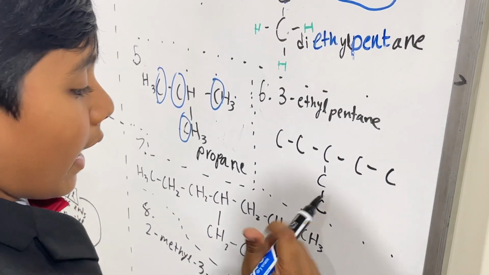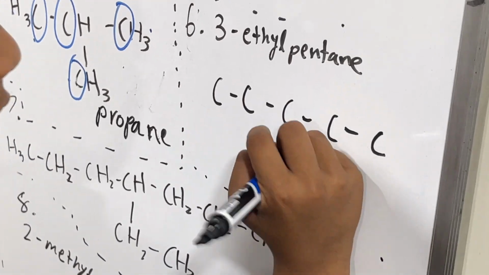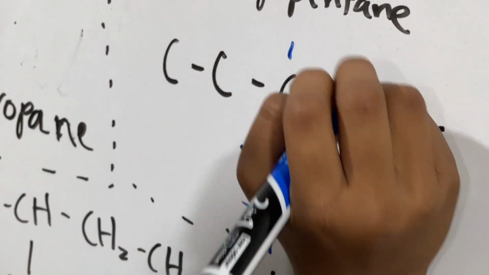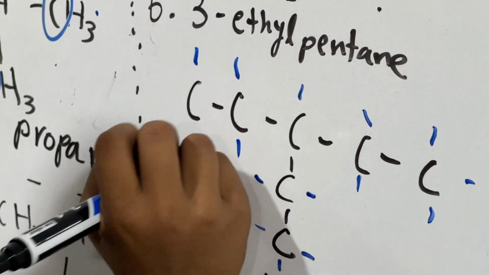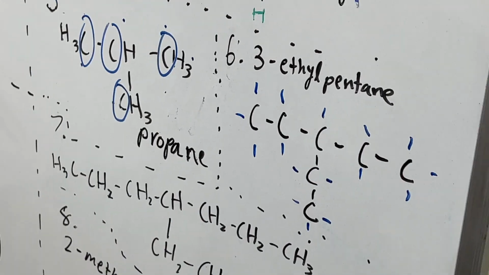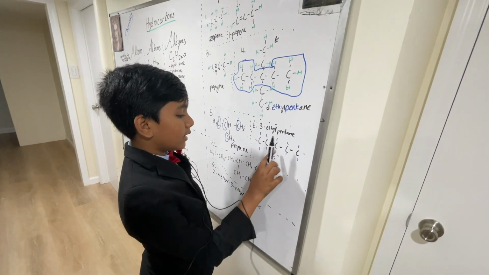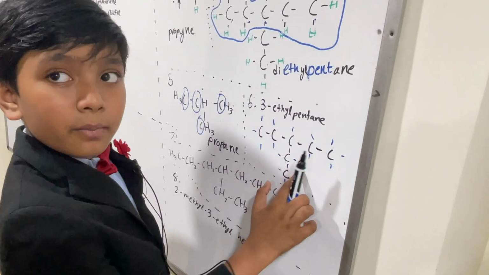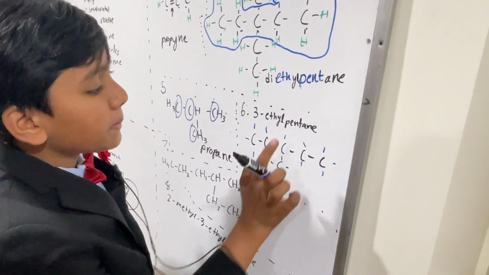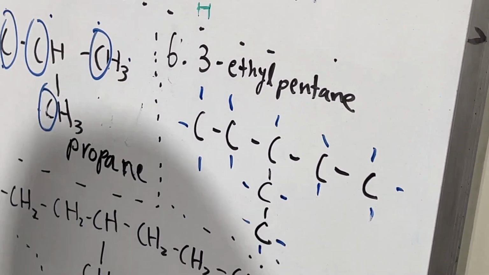And then you have the hydrogens, which I'm just going to represent with these blue markings. Those are the hydrogen bonds. So that's 3 represented by this branch being on the 3rd carbon. Ethyl represented by there being 2 carbons. Pentane because there were 5 lined up in 1 row.